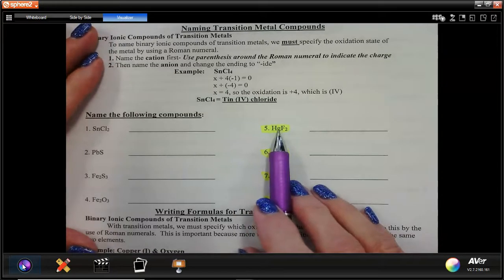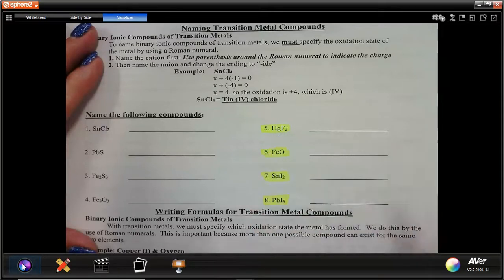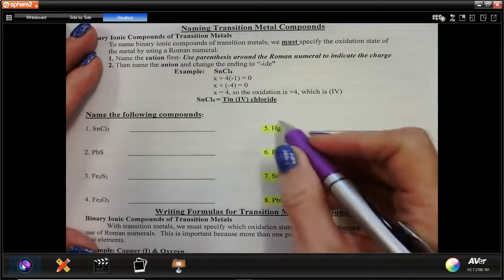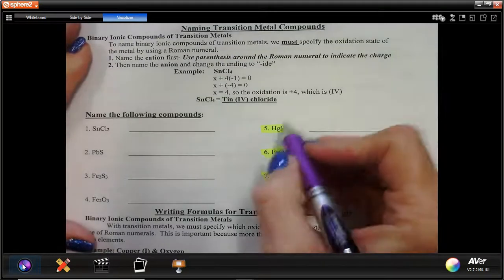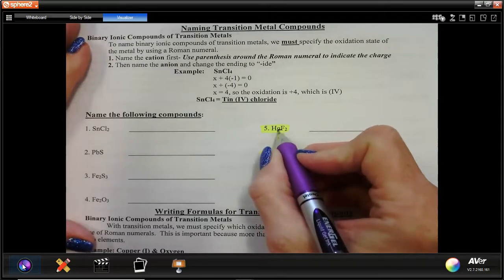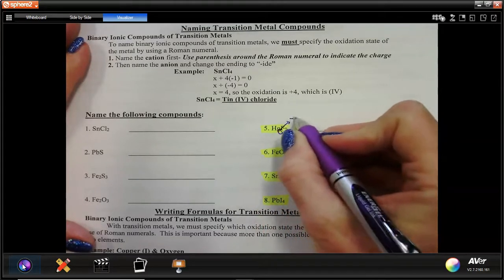Mercury is a transition metal, and to find the oxidation number of mercury we uncrisscross. Remember, we can crisscross and make subscripts. Well, we can uncrisscross to find their oxidation numbers. Since there's no number there, it's assumed that it's a 1, so you draw back there and put a -1.